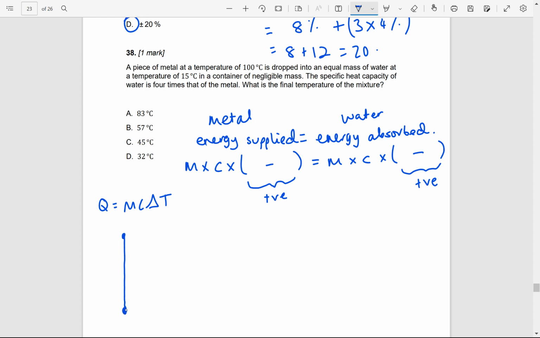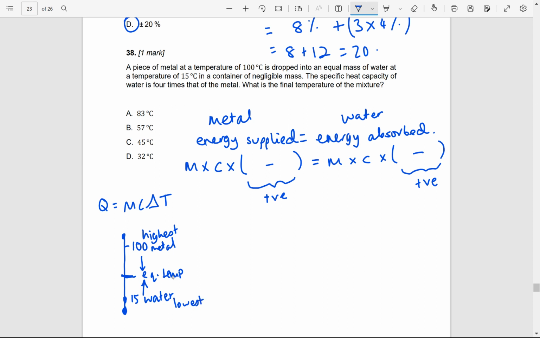So if we think about the thermometer here, we've got the metal, we've got the water, and then the metal is going to be submerged in the water. The metal is going to cool down, and the water is going to absorb that heat until it reaches a final equilibrium temperature. So this is going to be the highest.